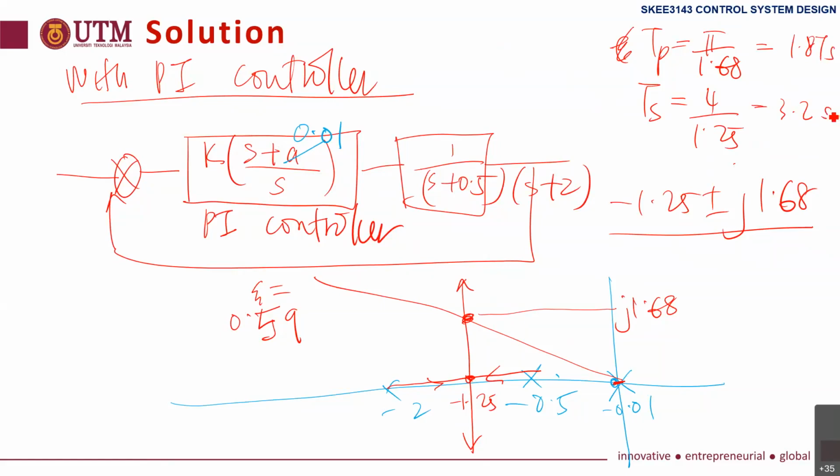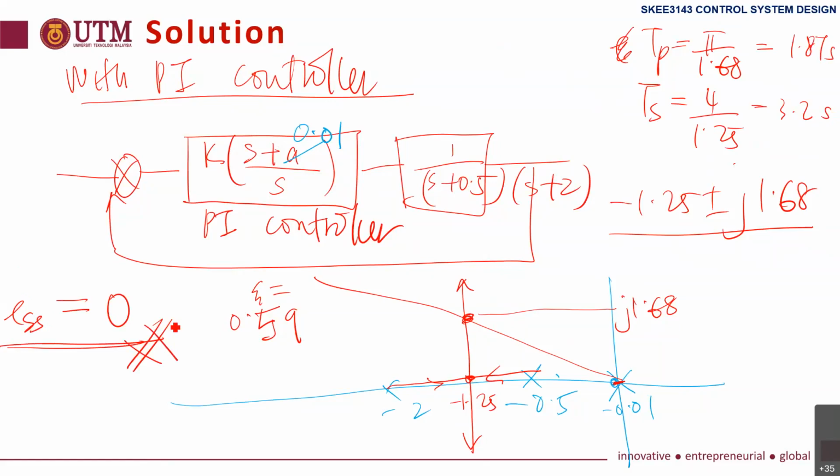It was 1.83 without the controller. The one here is 1.87. But the error will be 0. If you calculate, it will be 0. This is the use of PI controller.